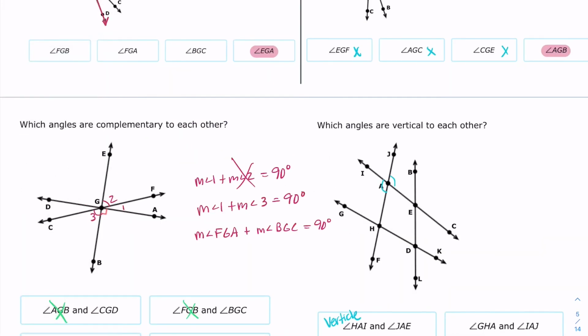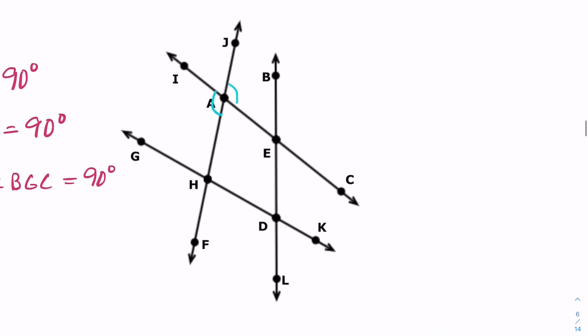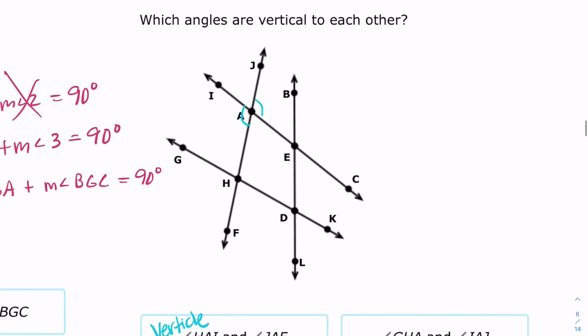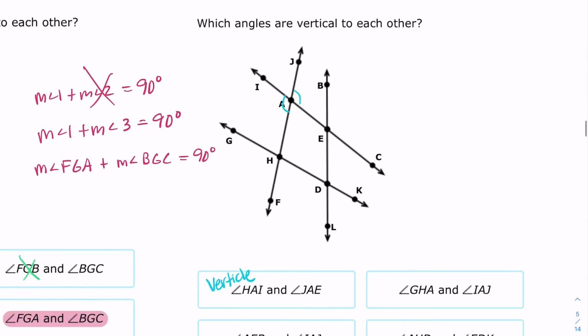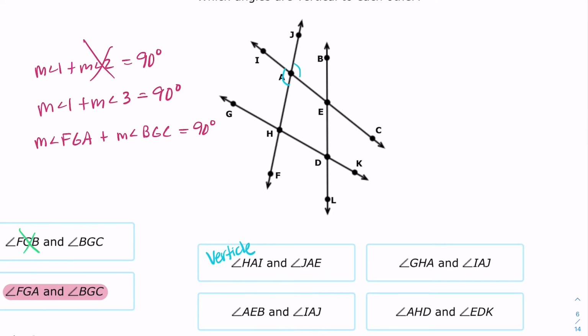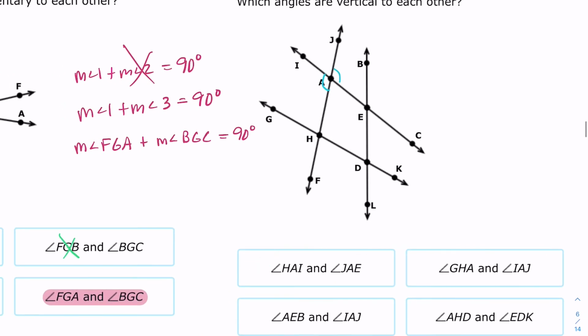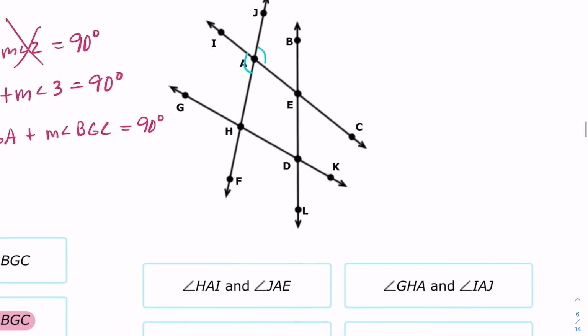Well, I think I found it. HAI and JAE are vertical. All right, let's just make sure none of the rest are correct. Okay. So let's see. GHA is this one. And IAJ is not even near it. So those are not it.